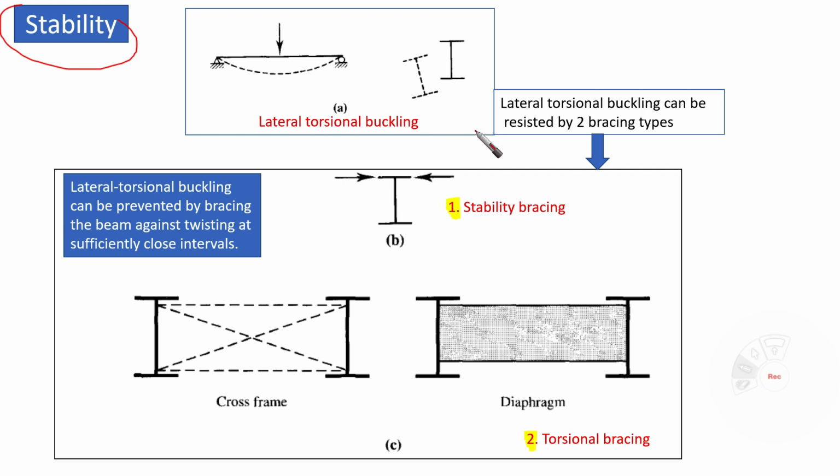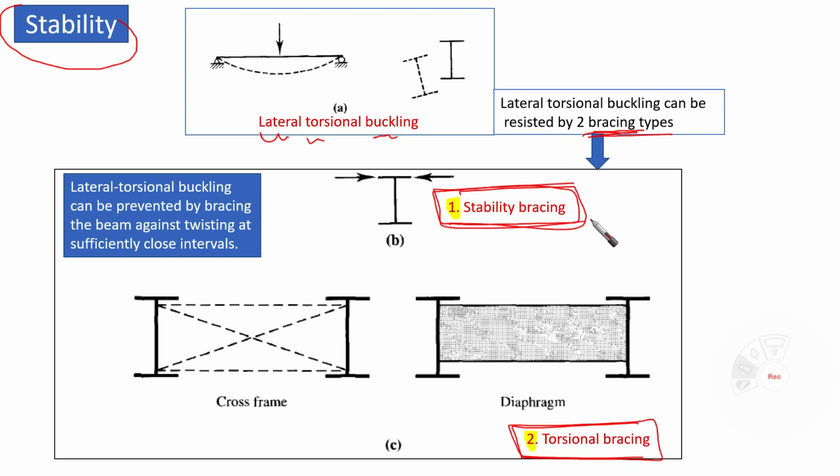Okay, so for the stability we have two different types of bracing that are going to work against the lateral torsional buckling phenomenon. The first type of bracing, we call it stability bracing, and the second we call it torsional bracing. Stability bracing and torsional bracing.